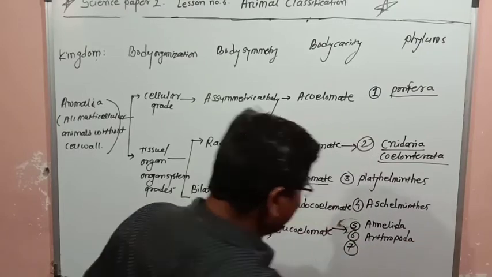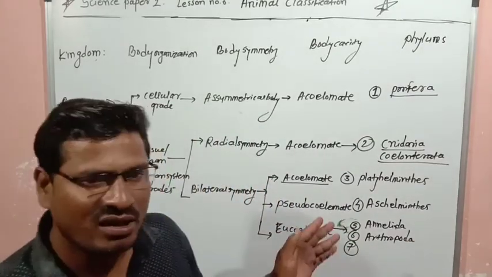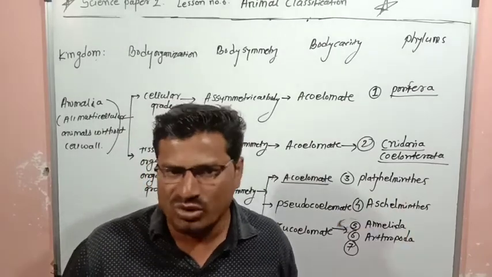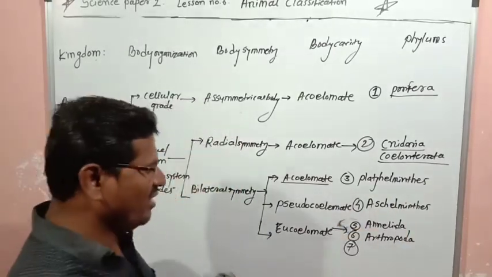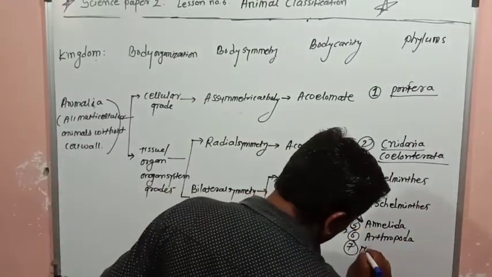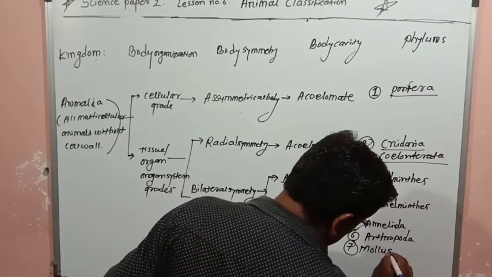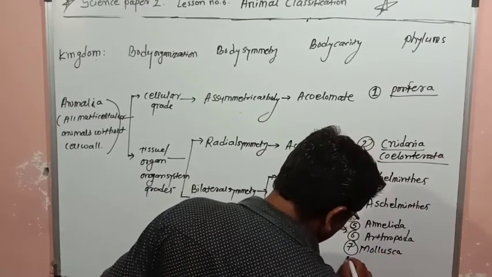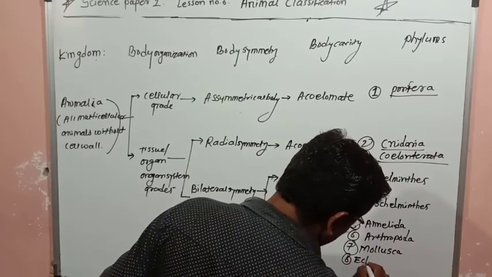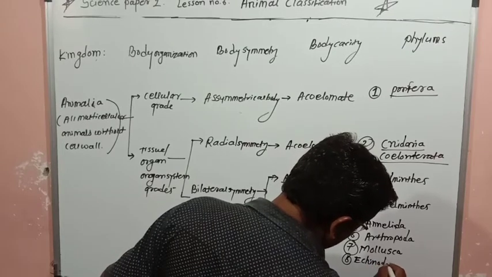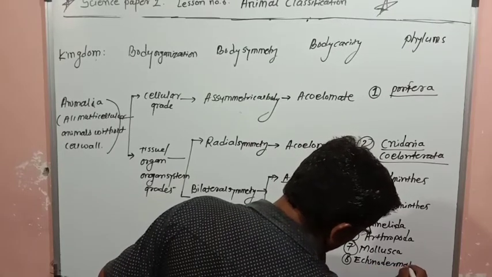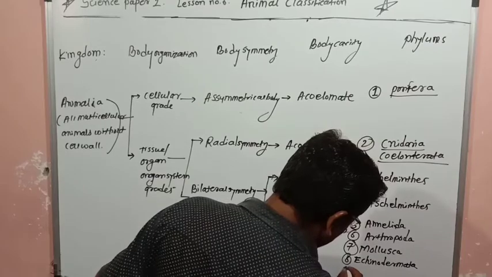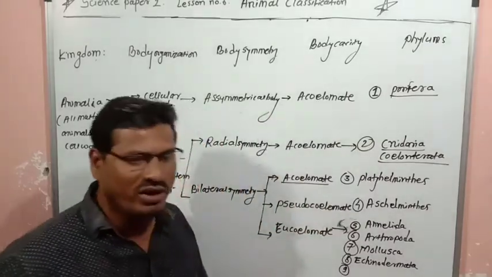Seventh one is the Mollusca. Eighth one is the Echinodermata. After that, ninth one is Hemichordata.